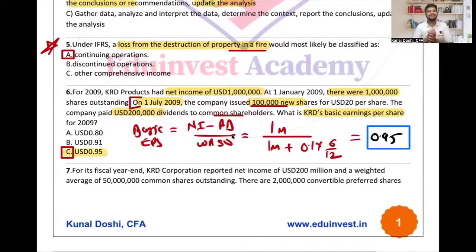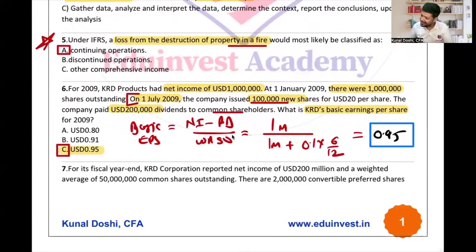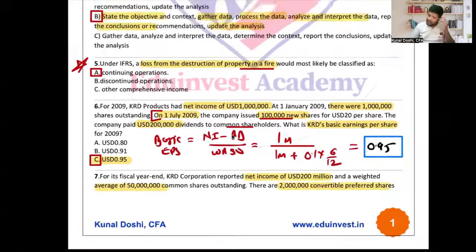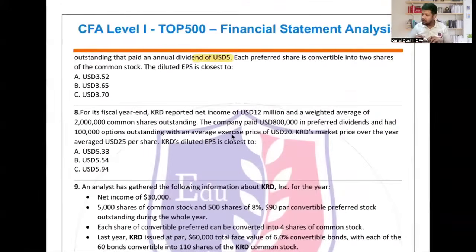Perfect, perfect. Next. For fiscal year end, KRD Corporation reported net income of 200 million and a weighted average of 50 million shares. There are 2 million convertible preferred shares outstanding, paying an annual dividend of US dollar 5. Now, this 5 would definitely be per share.